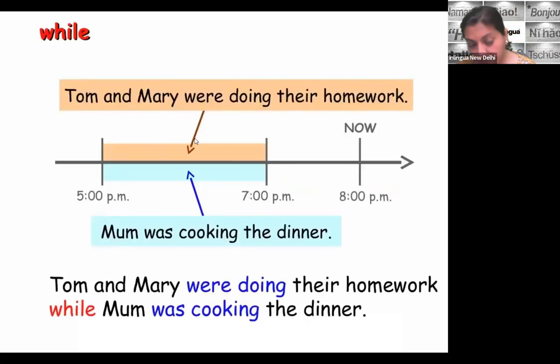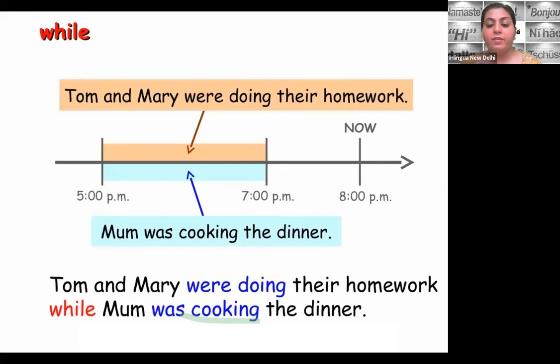Let's say, for example, Tom and Mary were doing their homework between 5 and 7. This is one action that was happening. Another action was happening. Their mom was cooking the dinner. So, how do you make this sentence?